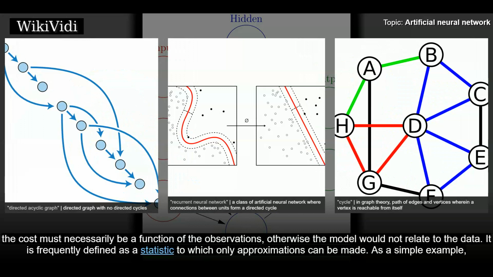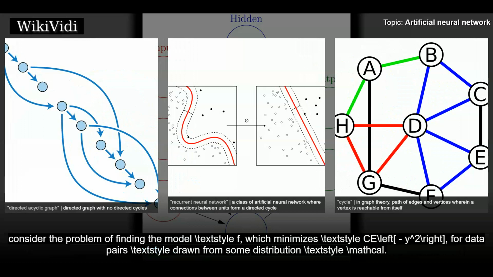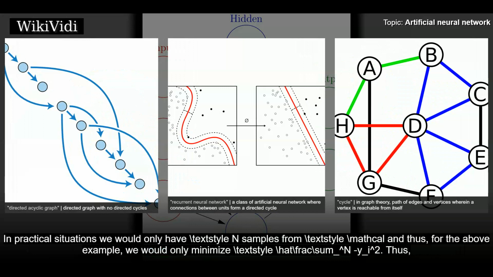As a simple example, consider the problem of finding the model f, which minimizes C = E[(f(x) − y)²], for data pairs (x, y) drawn from some distribution D. In practical situations we would only have N samples from D, and thus, for the above example, we would only minimize Ĉ = (1/N) \sum_{i=1}^N (f(x_i) − y_i)².